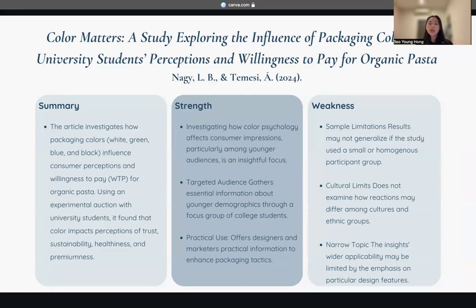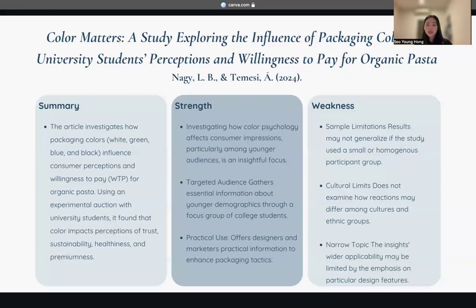The strength is that it investigates how color psychology affects consumer impression among a younger audience. The second is that they targeted an audience that gathers essential information about the younger demographic. And practical use: it offers designers and marketers practical information to enhance packaging tactics.